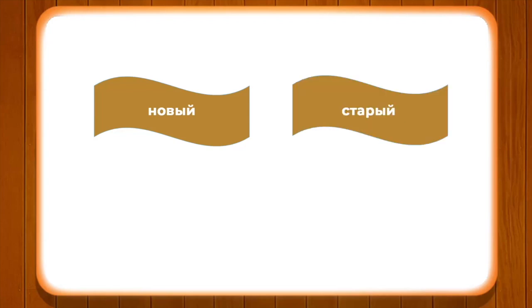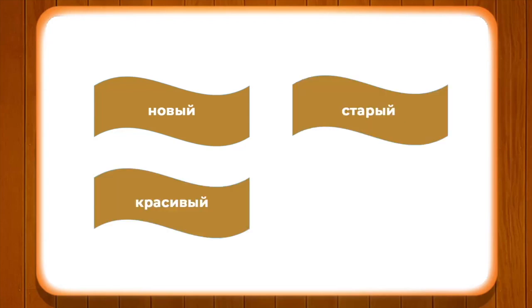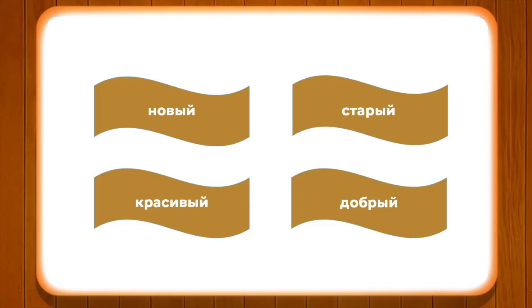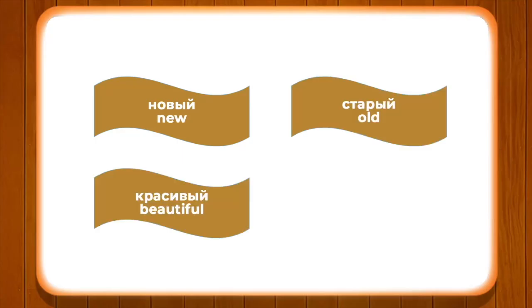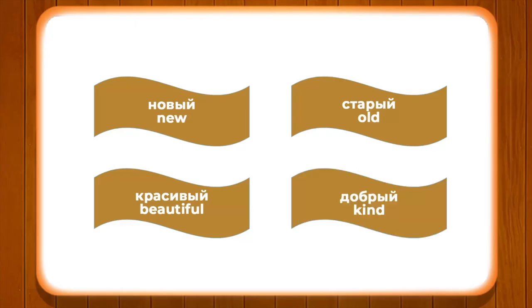Now, let us go ahead and look at these new words. Новый, старый, красивый, добрый. Новый means new, старый means old, красивый means beautiful, and добрый means kind. Here again you can pay attention to the particular vowels where the stress is falling.